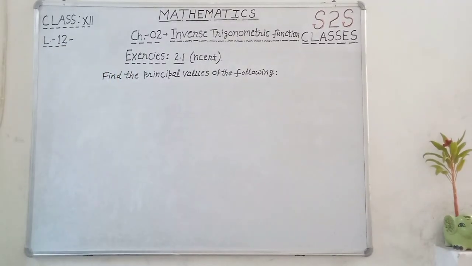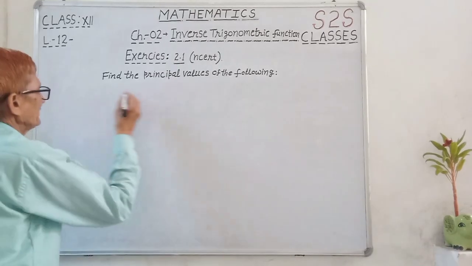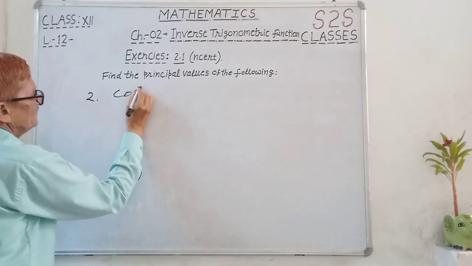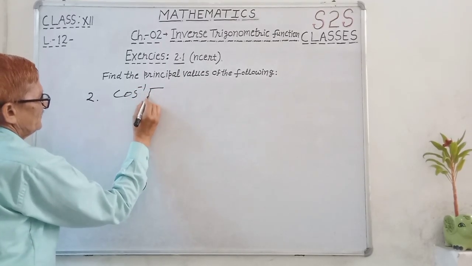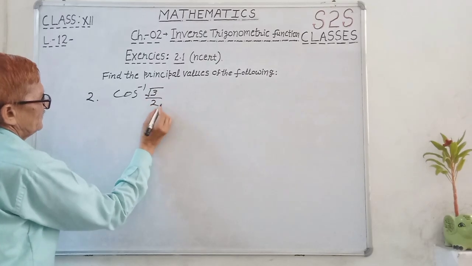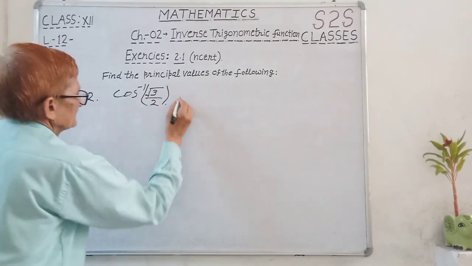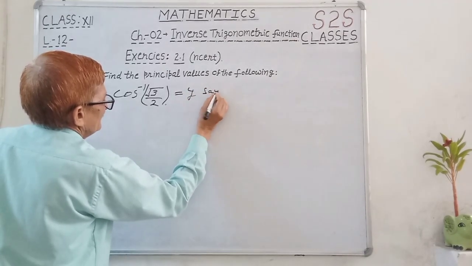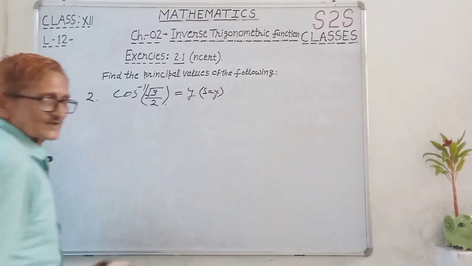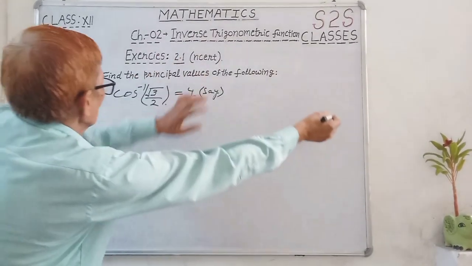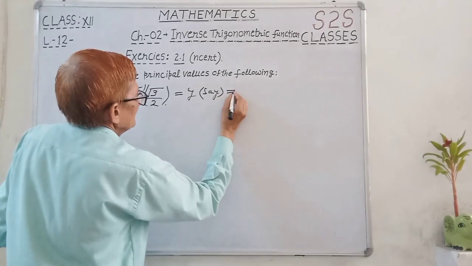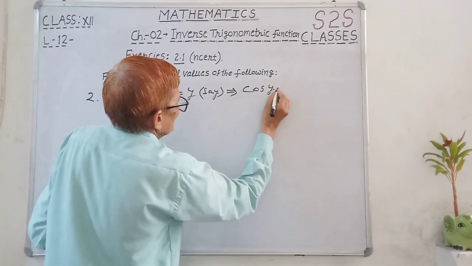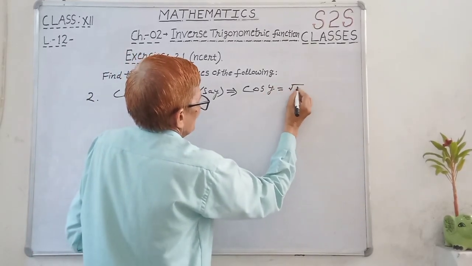The second is cos inverse root 3 by 2. Let it be y. Now cos inverse goes that side, then this implies cos y is equal to root 3 by 2.